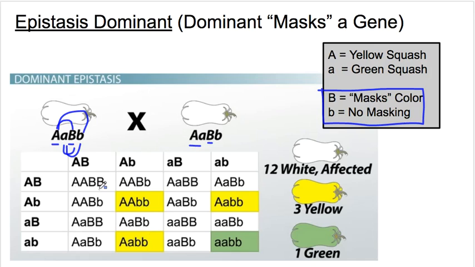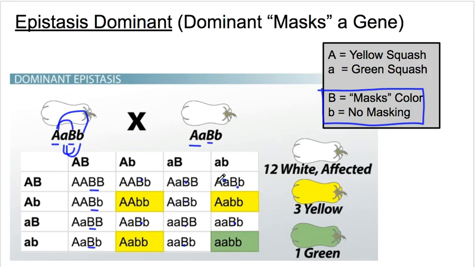If we're interpreting this, remember the epistasis was big B, so anything that has big B, all these big B's that I'm clicking on, they're white. It doesn't matter what the coloration was, the big A or a little a for the color. Those squash, if we plant those seeds, will turn out to produce white squash.